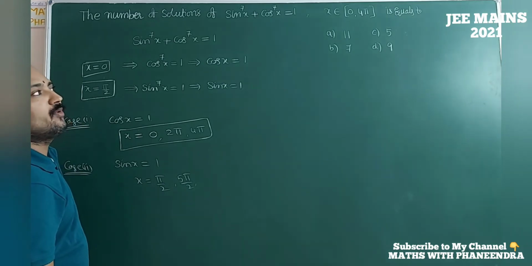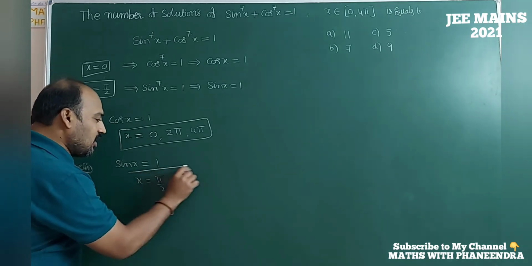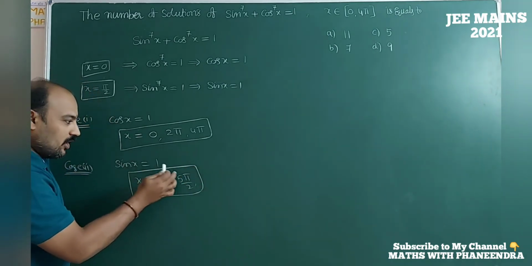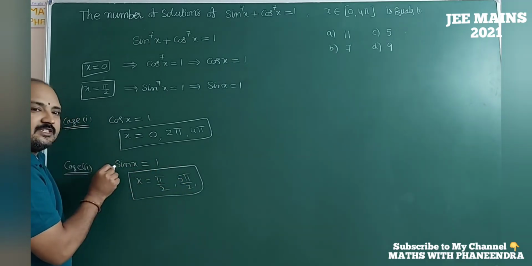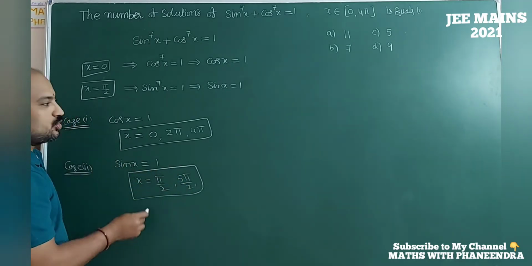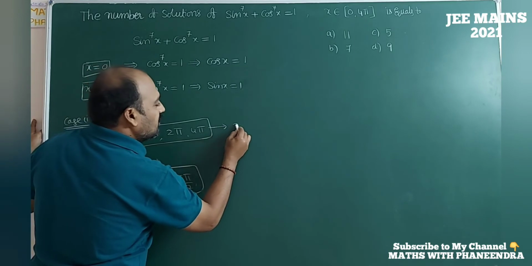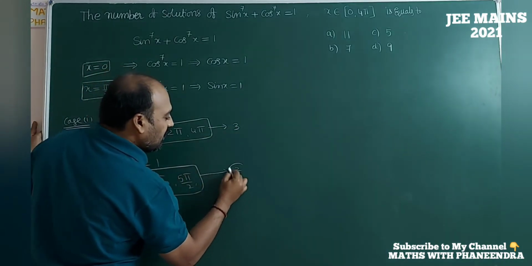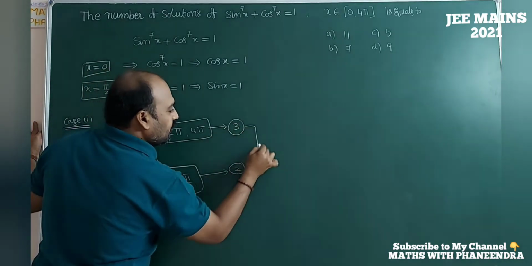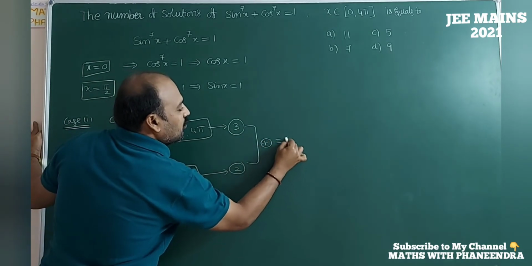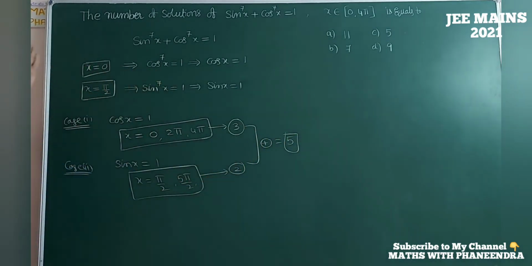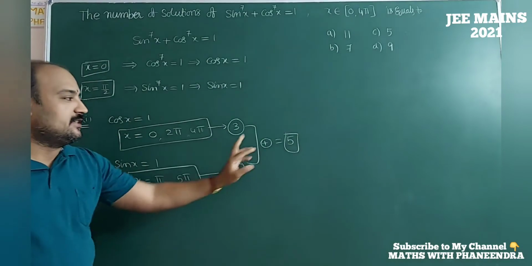So only the values x equal to pi by 2 and 5 pi by 2 satisfy this equation sin x is equal to 1. So total here 3 solutions are there, here 2 solutions are there. Therefore 3 plus 2, we have a total of 5 solutions. Therefore the number of solutions for this equation is 5.